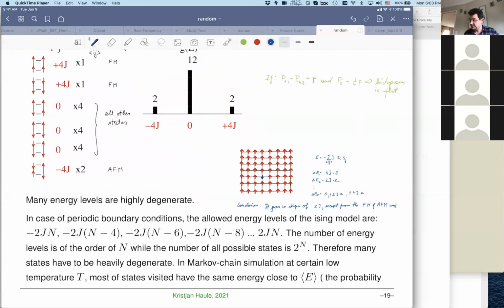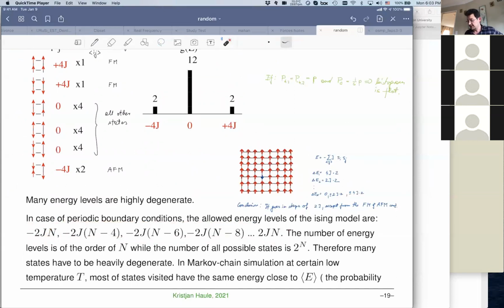Yeah, so the important point is that these are all the energies that we can visit in our simulation. So it starts with the ground state, which we figured out last time has energy minus 2J times the number of lattice sites, where n is the number of all lattice sites.